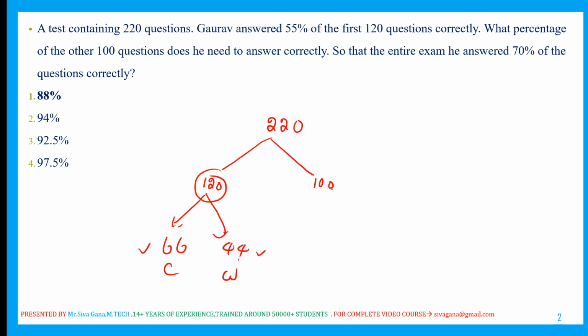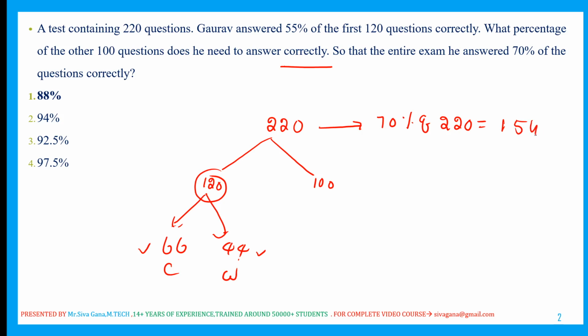Now the rest of the 100. What is the percentage of the other 100 questions he needs to answer correctly, so that in the entire examination he answers 70% of the questions correctly? What is 70% of 220? It is 154.